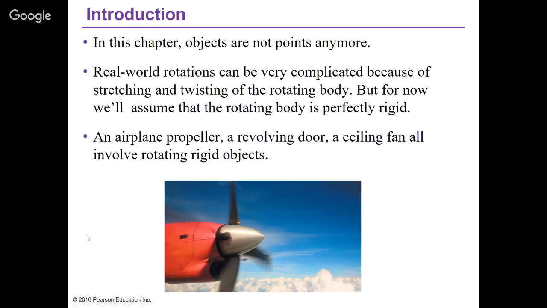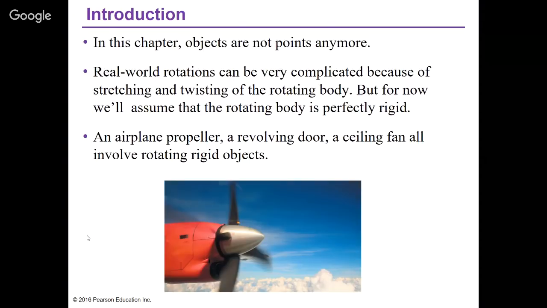So in this chapter, because we're talking about rotation, objects are not points anymore. We know that real world rotations can be very complicated because of stretching and twisting of bodies. But for now, we'll assume that the rotating body is perfectly rigid.